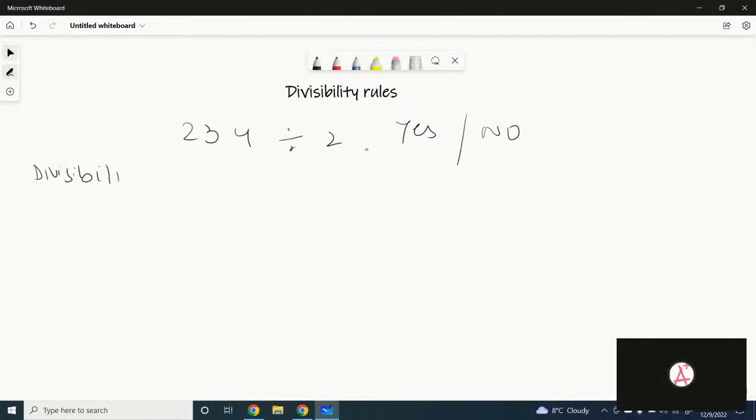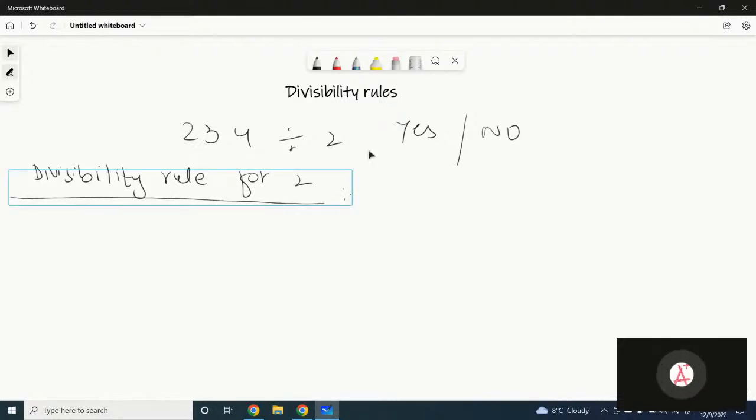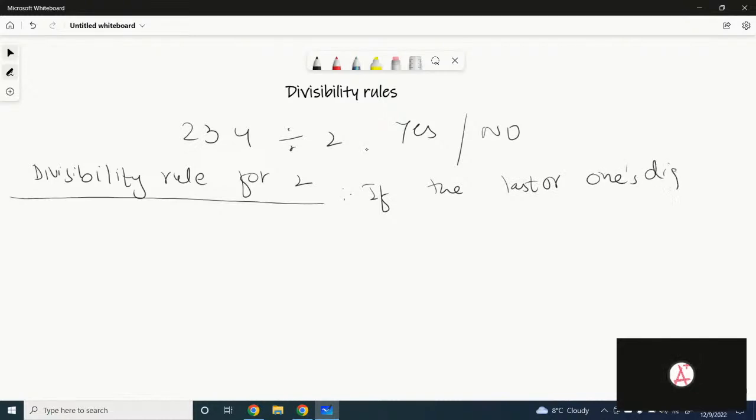You have to keep the divisibility rules in your mind. The divisibility rule for 2 is: if the last or ones digit is either 0, 2, 4, 6, or 8, then the number is divisible by 2.